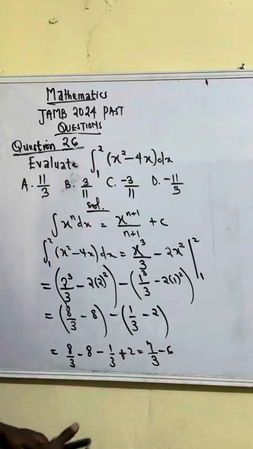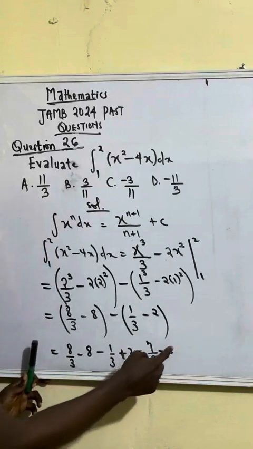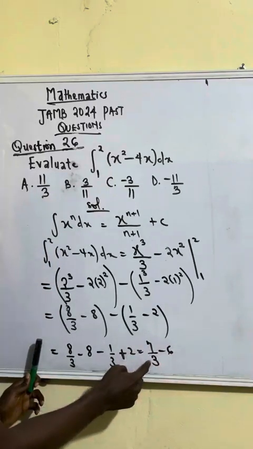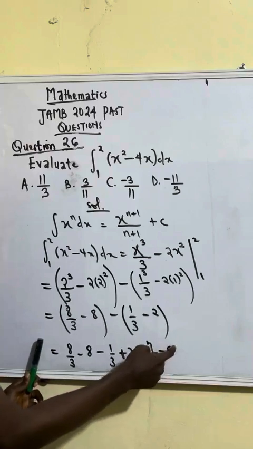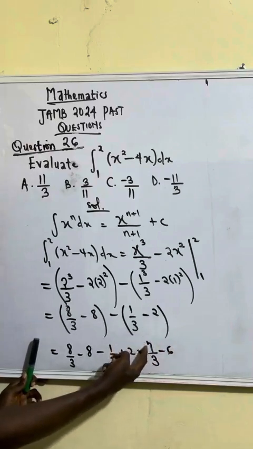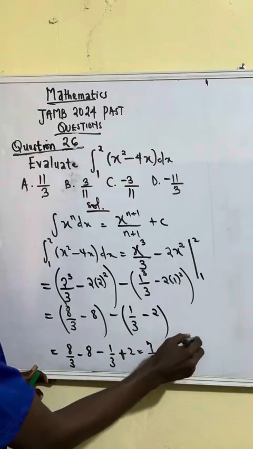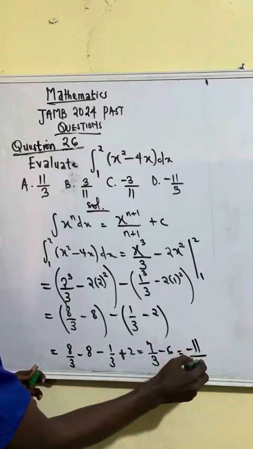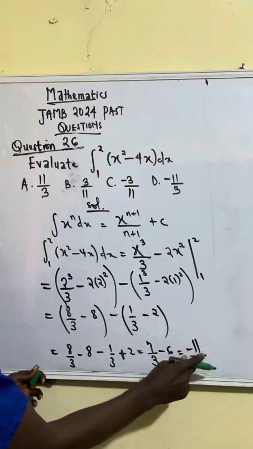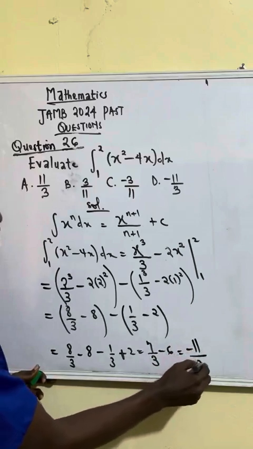Don't waste your time on this kind of thing. Just say 3 times minus 6, that will give me minus 18. Minus 18 plus the 7 that we have here, that is minus 11. So I'll have minus 11 over 3.